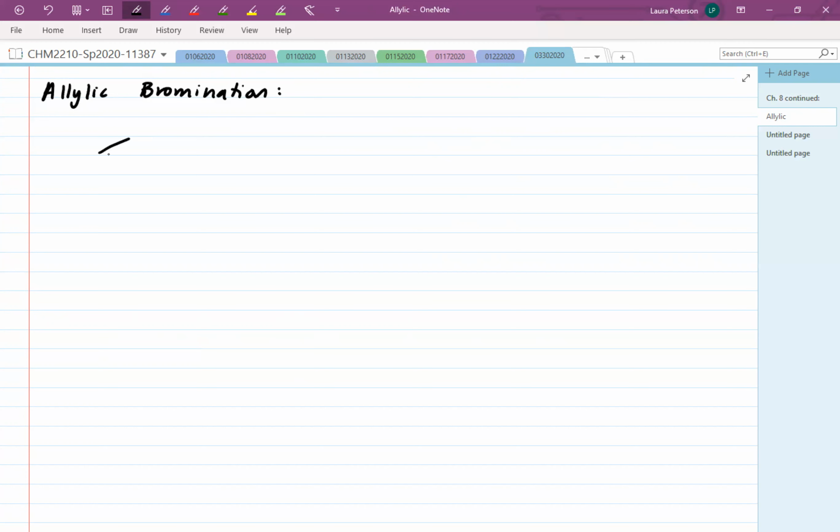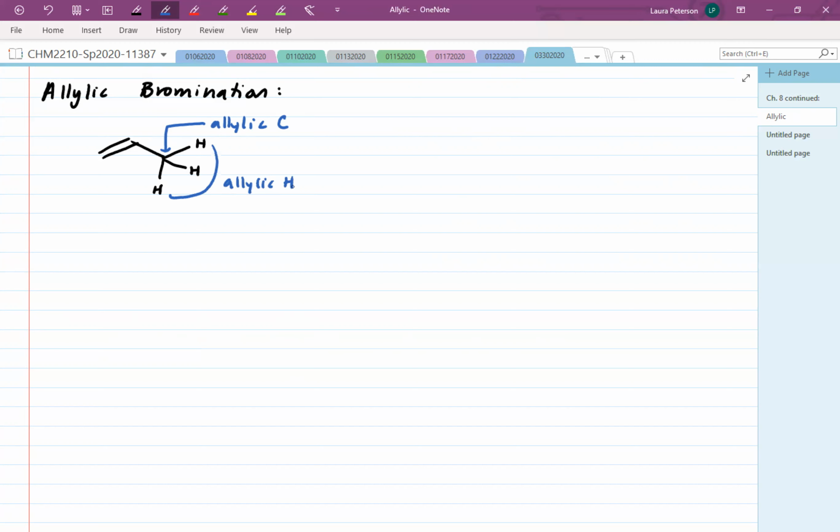First, let's just draw a molecule and indicate its allylic position. Remember that the carbon adjacent to a carbon-carbon double bond, the one I've labeled there, would be the allylic carbon. And the 3 hydrogens that are attached would be the allylic hydrogens.